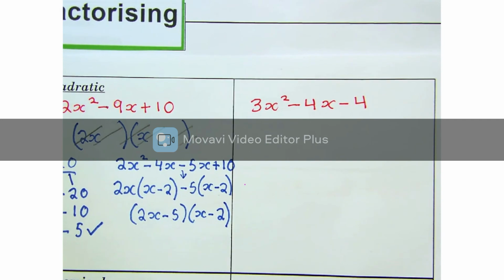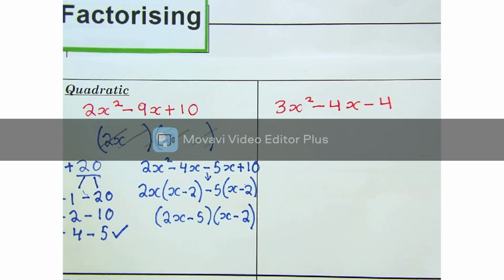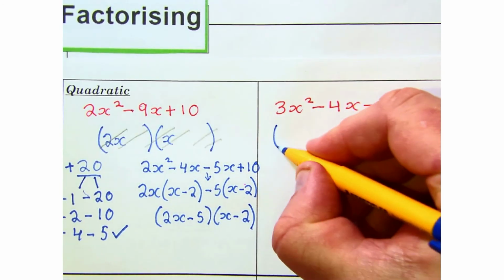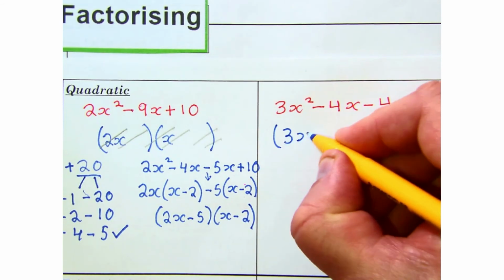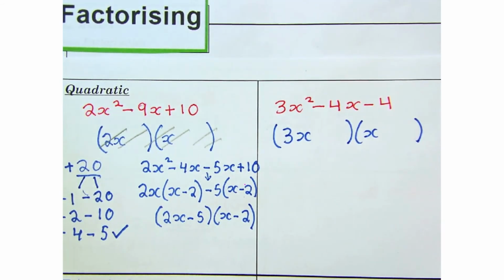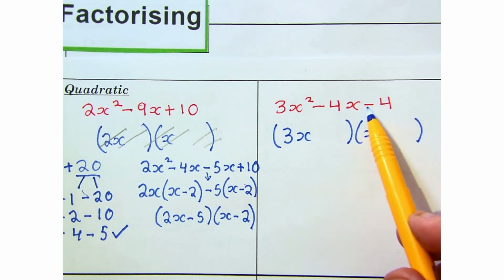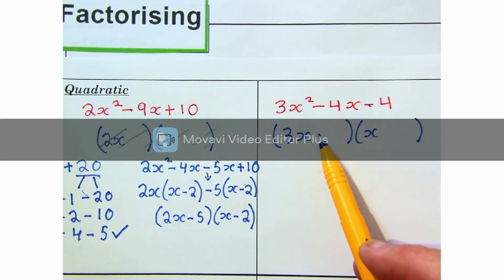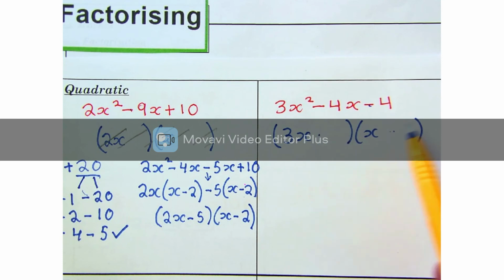And I'm going to try this one now using the back-to-back bracket. So, if I have 3x and x, and what I have now is that this sign here is negative, so these signs will be a different sign. So they're going to be 1 plus and 1 minus.